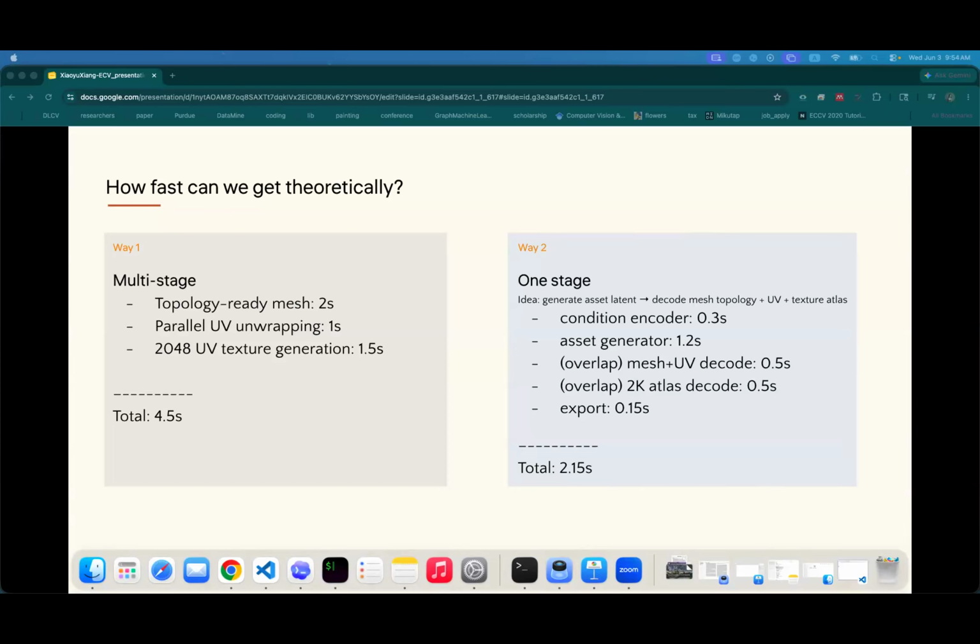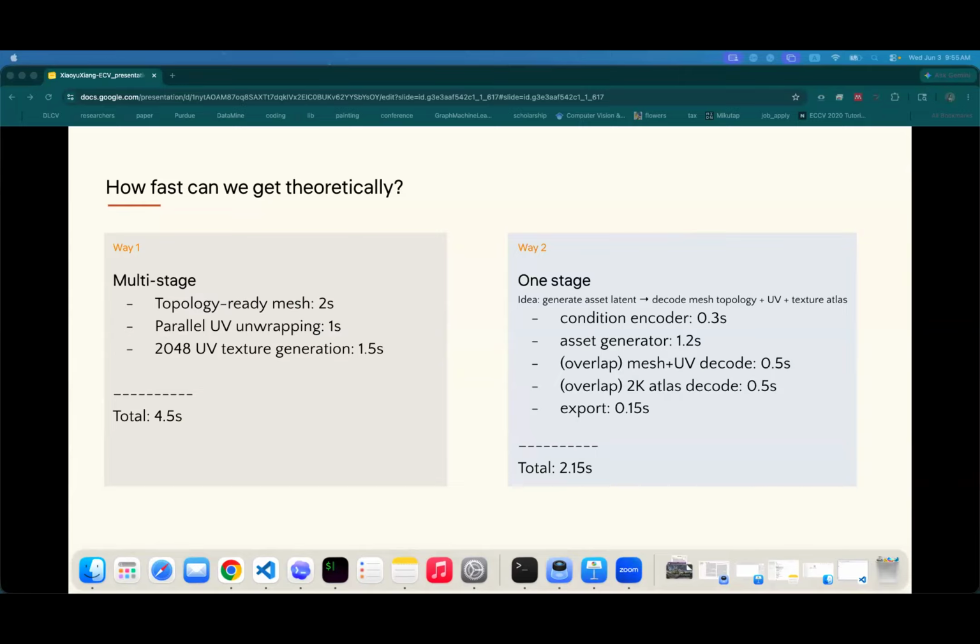Okay, so let's speculate a little. If we keep this multi-stage pipeline, a plausible target might be around 4.5 seconds: 2 seconds for topology-ready mesh generation, 1 second for parallel UV unwrapping, and about 1.5 seconds for 2K texture generation.